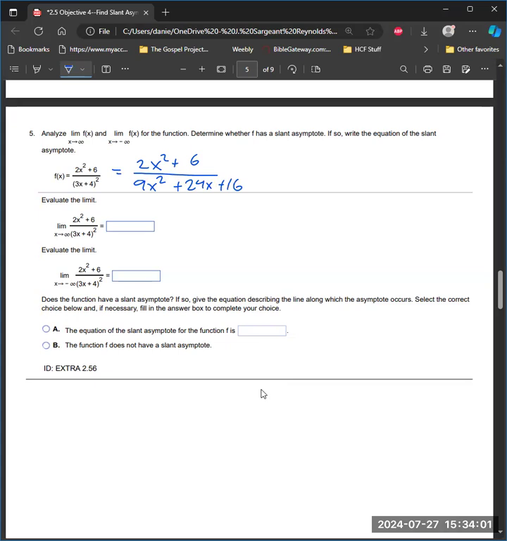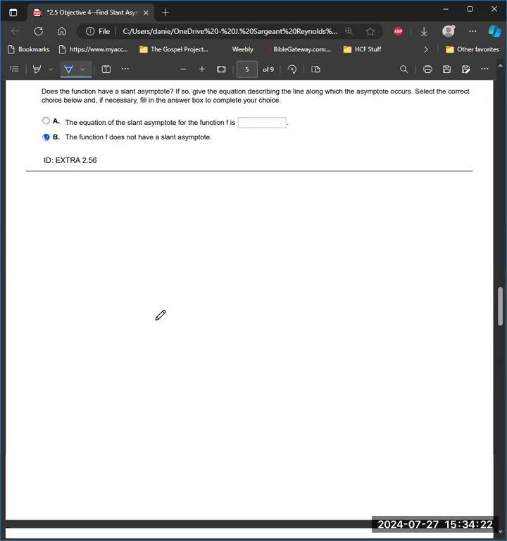So we're going to have a horizontal asymptote here at 2/9 on both sides. And the function does not have a slant asymptote, it has a horizontal asymptote.